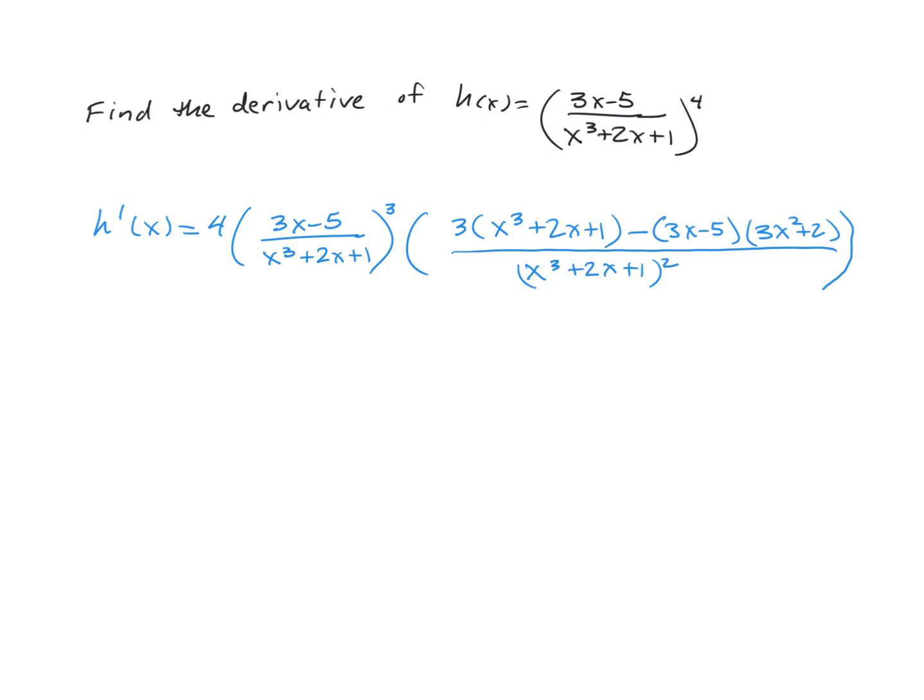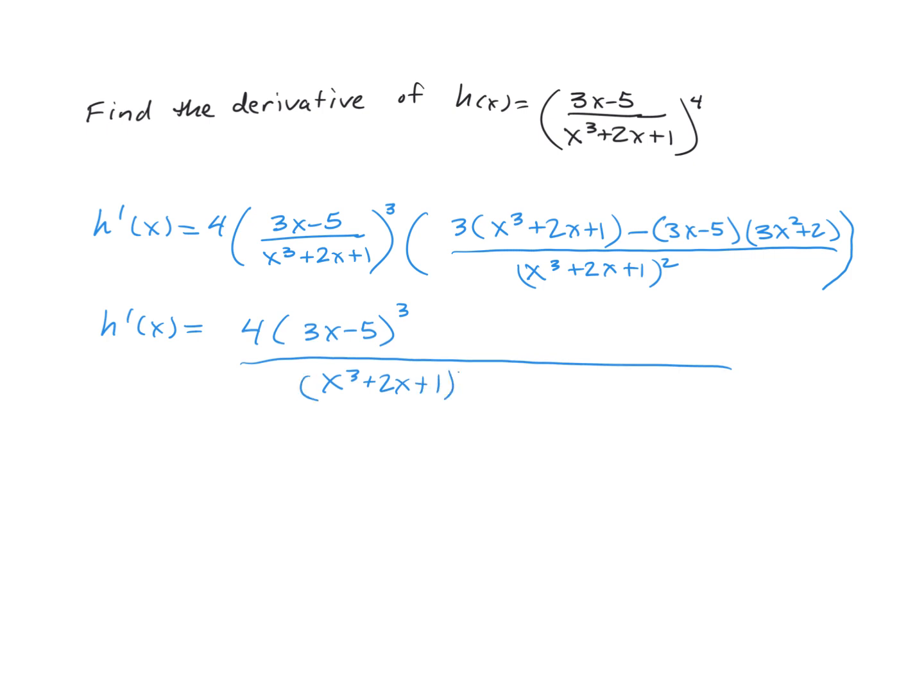And of course, we need to simplify these down and clean them up to make them simpler. So h prime of x is going to have a 4. It's going to have a (3x - 5) to the third power. Down below, we're going to actually have the (x cubed + 2x + 1) to the third power from the first one, with an (x cubed + 2x + 1) squared from our quotient rule, from the derivative of the inside.